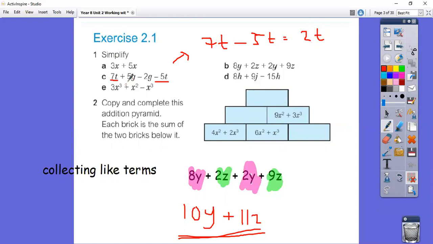We've got 5g subtract 2g. Again, the sign in front is a negative. 5g subtract 2g gives you 3g. So this will simplify to 2t plus 3g, because 5 take away 2 is a positive 3.